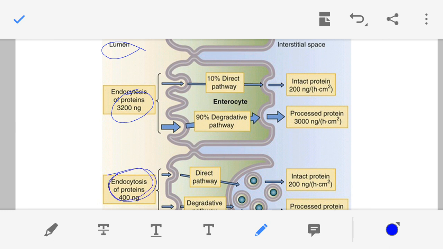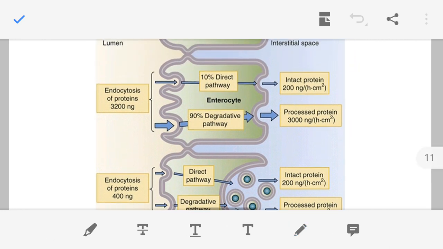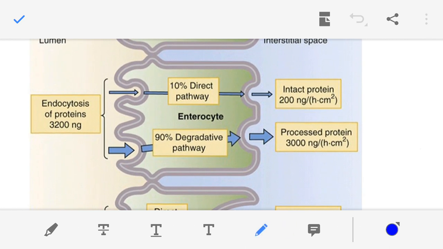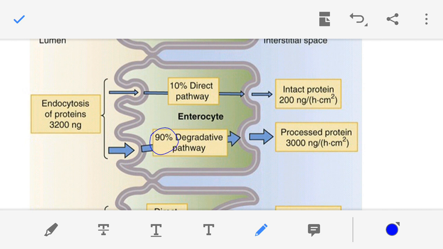Colostrum proteins are shown, and this is the newborn baby's enterocyte cell. This one is the enterocyte, the name is written, and this one is the M cell. Now 10% of the protein from the colostrum enters as such into the blood capillary, and 90% of the protein is digested intracellularly.